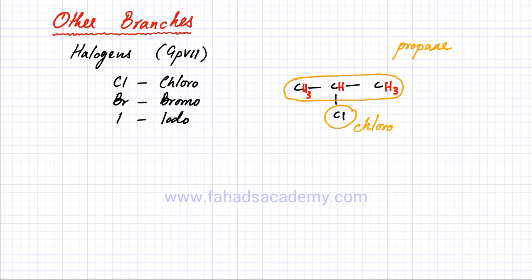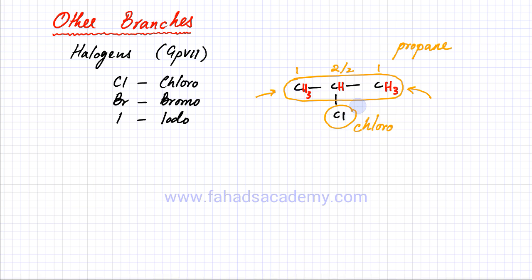And the position of this branch, if you're counting from this side, this is 1, and this carbon atom would be 2. Whereas if you start counting from this end, then this would be carbon number 1, and this would still be carbon number 2. So from either end, there's no confusion with this chlorine.